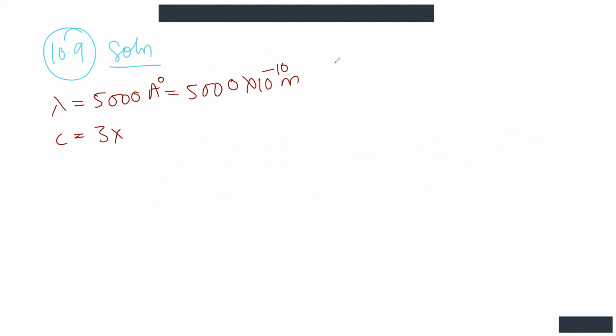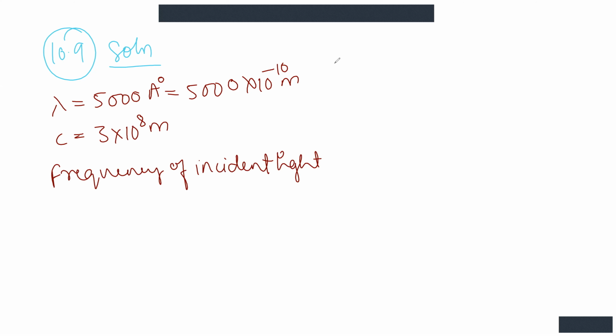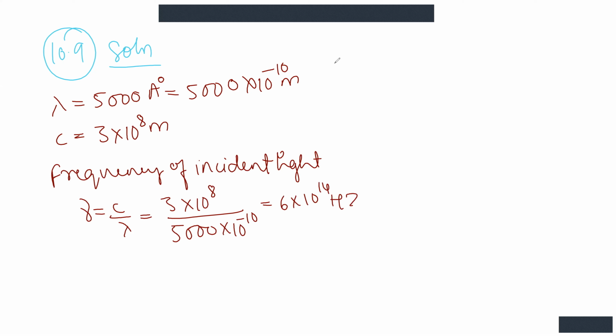Speed of light is 3 into 10 to the power of 8 meter per second. Frequency of incident light is given by the formula nu is equal to c divided by lambda. Substitute those values, and after simplification we got 6 into 10 to the power of 14 hertz.